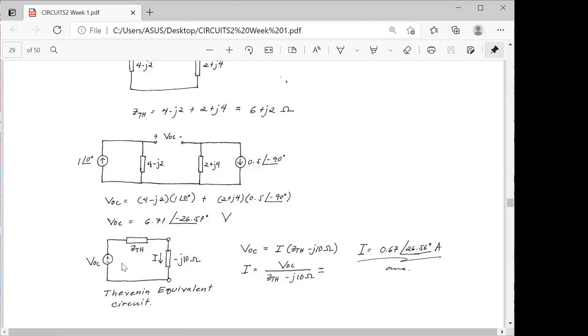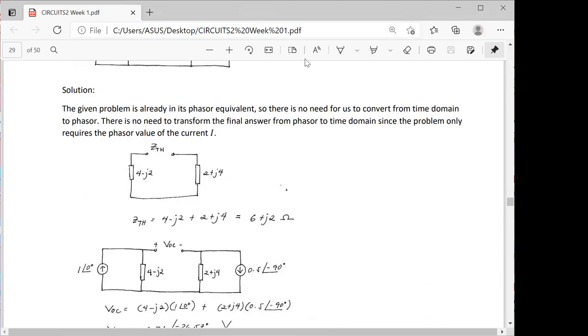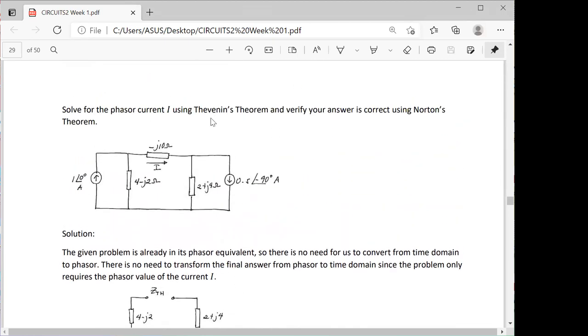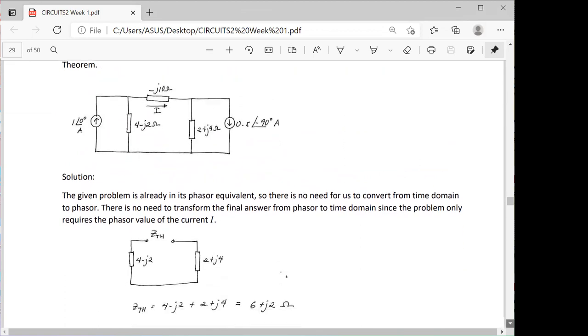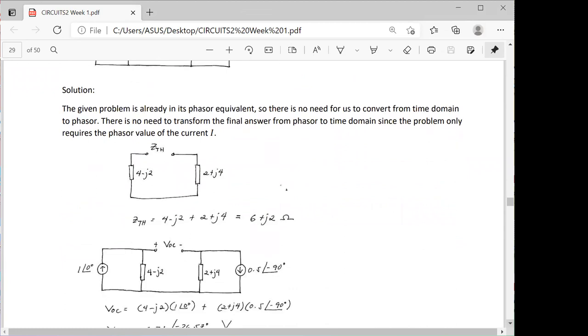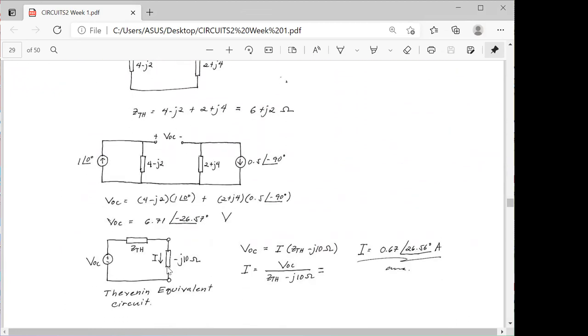Then for us to determine the required current through the negative J10 reactance or impedance here, we have to connect that negative J10 to the open terminals of our Thevenin's equivalent circuit.